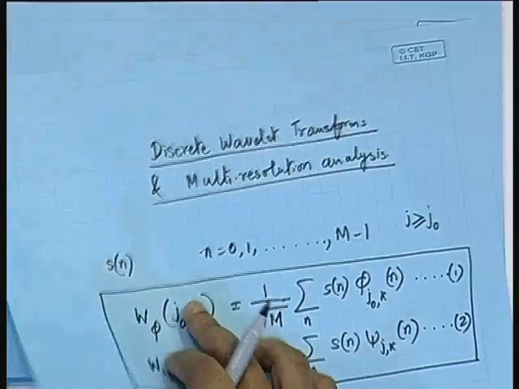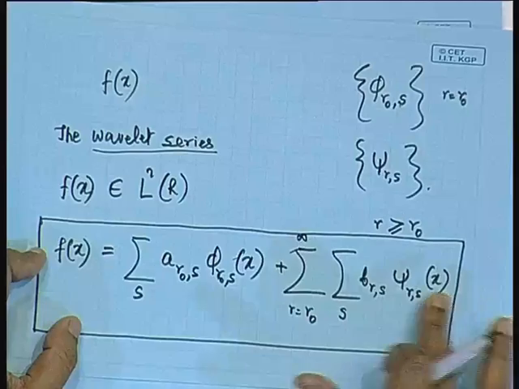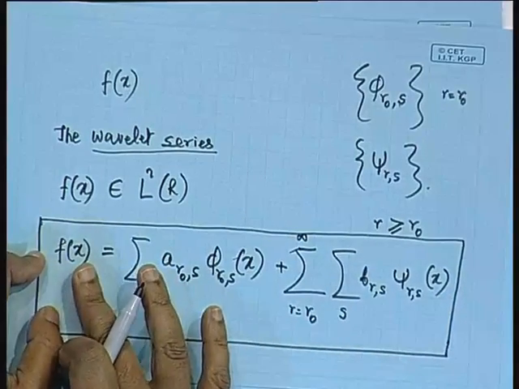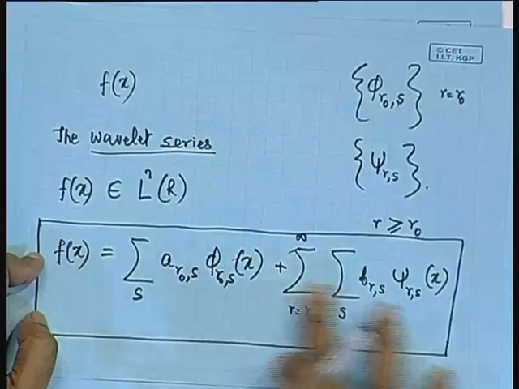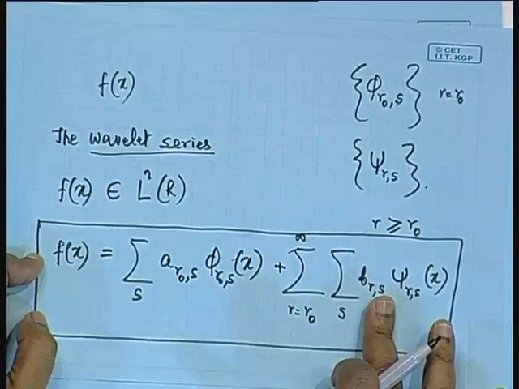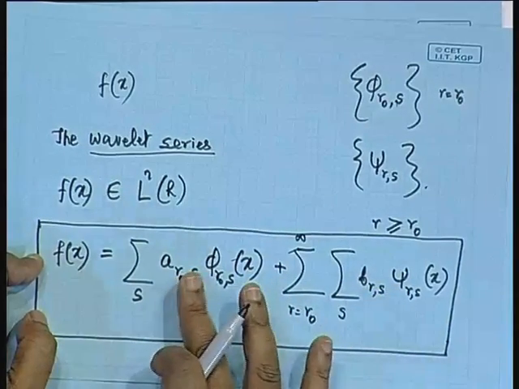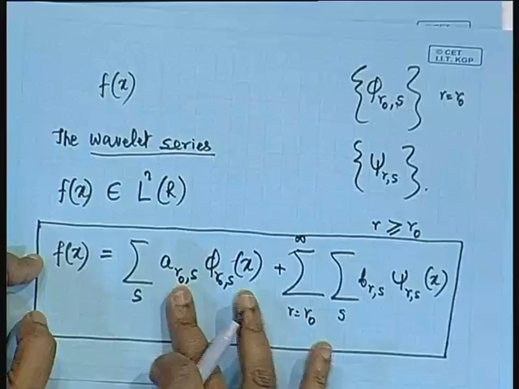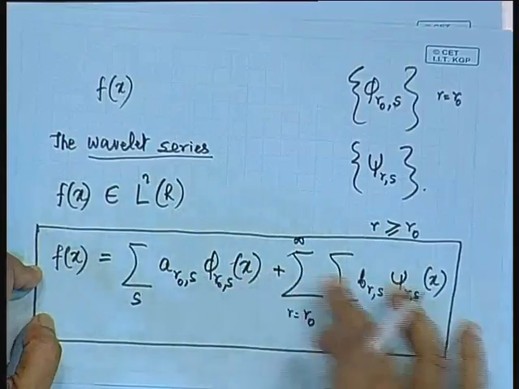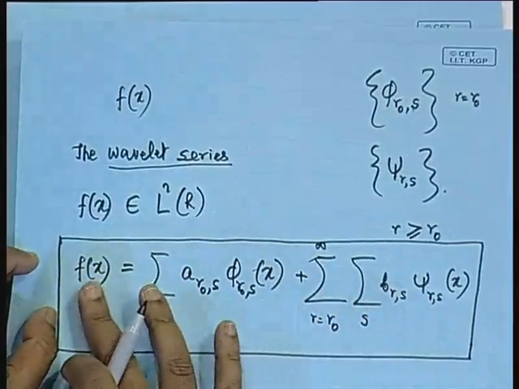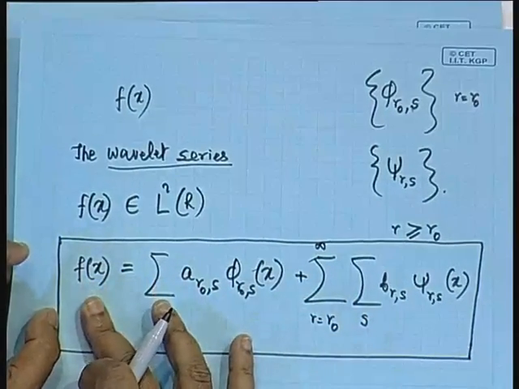Again, the functional form should be very similar to this, because in this case we could obtain f of x from the coefficients a r 0 s and b r s. Now, what is a r 0 s? That is our W phi, and b r s is nothing but our W psi. So, given the W phi's and the W psi's, we should be able to get not f of x anymore, but S of n in this case.